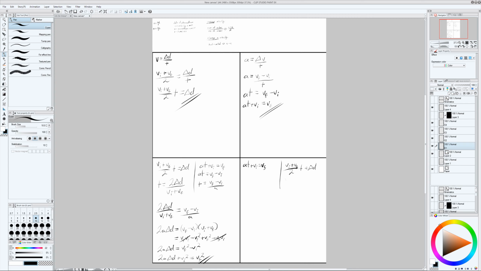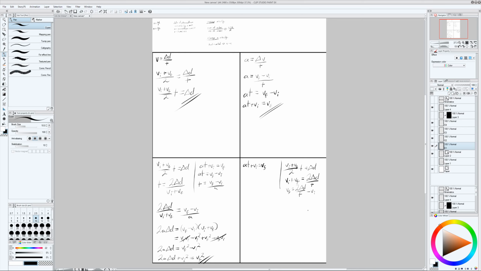So we end up getting Vi plus Vf equal to 2 delta d over t, and then we just need to move the Vi over, so we have Vf is equal to 2 delta d over t minus Vi.